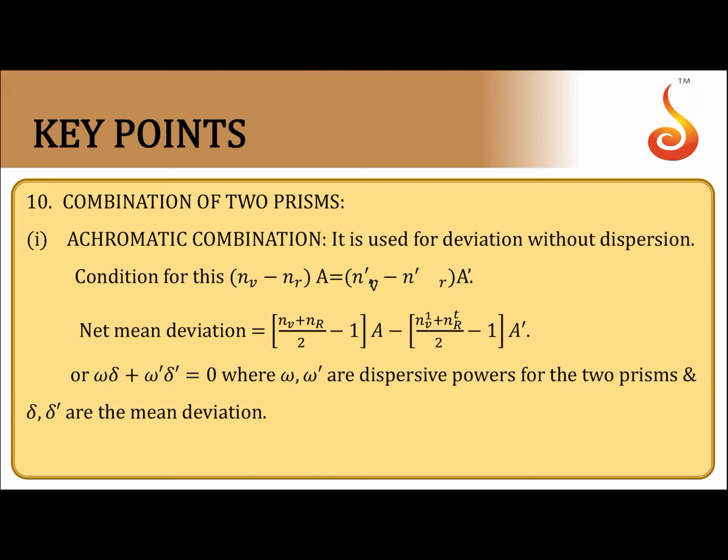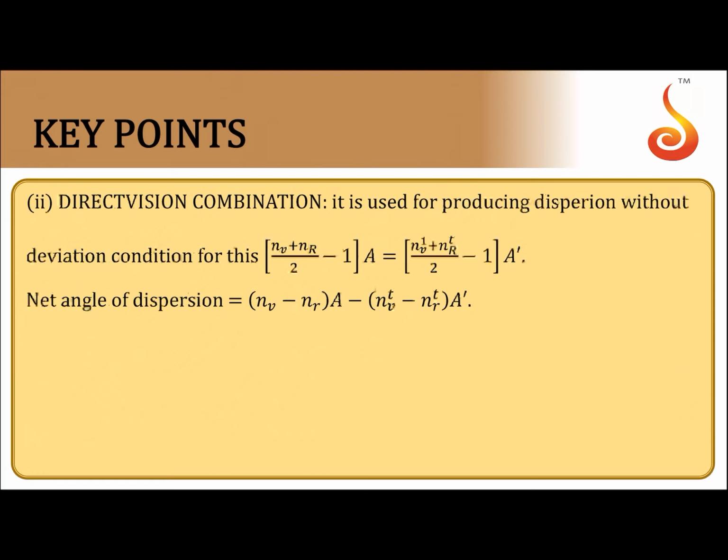Omega and omega dash are dispersive powers of the two prisms, and delta and delta dash are their mean deviations.